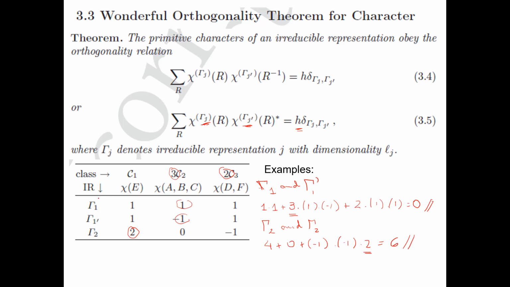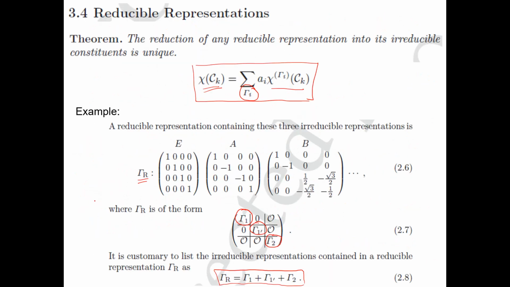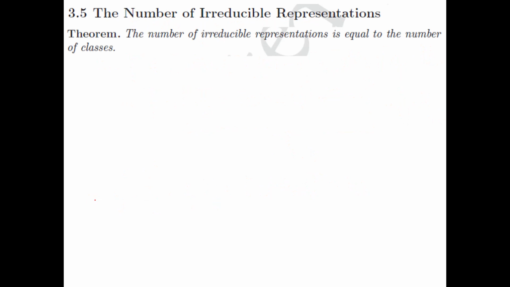Therefore, it's a very important result that let us try to show it. So the number of classes, if you remember, is the number of different types of symmetry operations in your system.